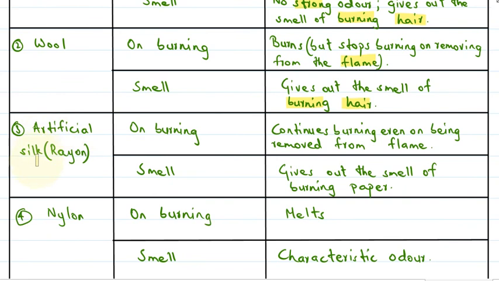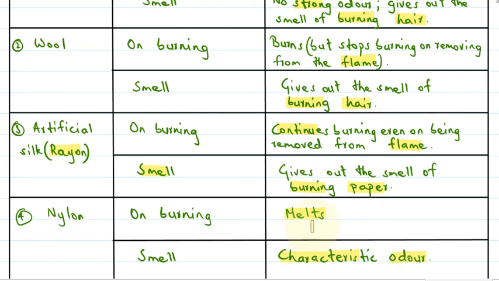Then the artificial silk, that is rayon, on burning it continues to burn, it continues burning even on being removed from the flame, and the smell that it produces is of burning paper. So the smell of burning paper is produced from rayon. Then in case of nylon, on burning nylon it completely melts, and it has a characteristic odor.